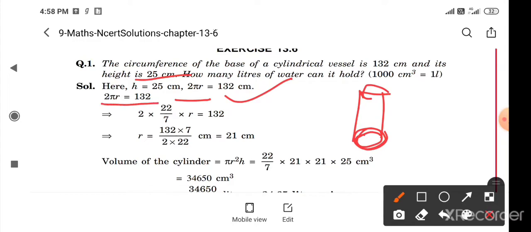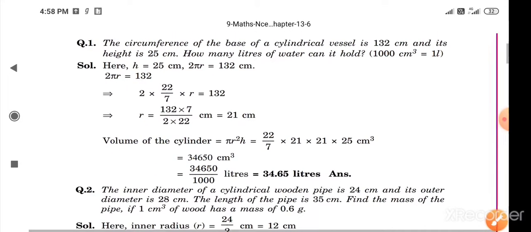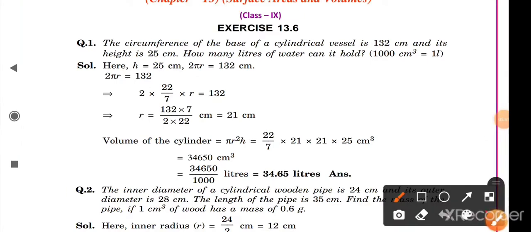You will find the value of r from this, and the height is already given in the question. So the volume of the cylinder will be pi r square h. You will substitute all the values and then you will get the answer. But you have to find the capacity of the tank in liters, so converting centimeter cube into liter, you will divide it by 1000.